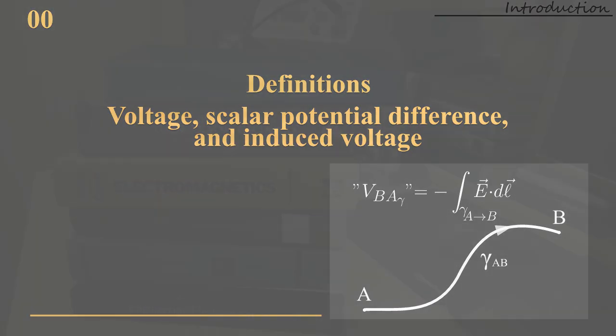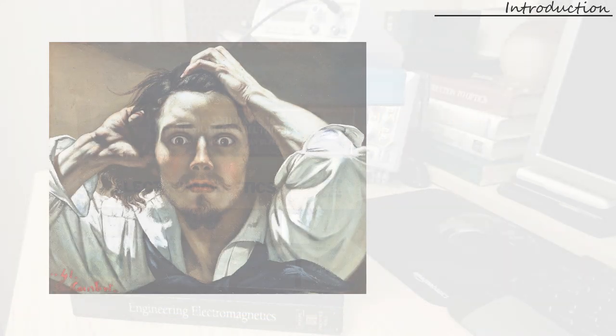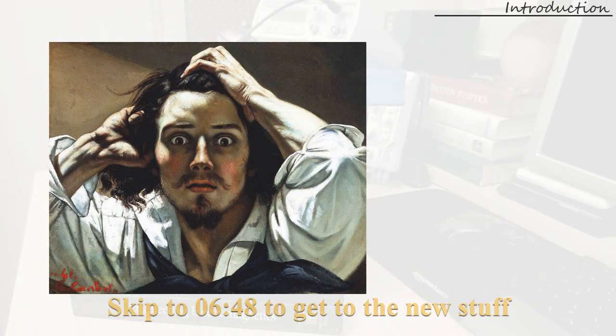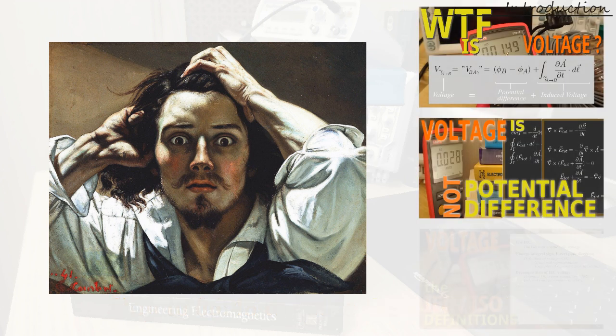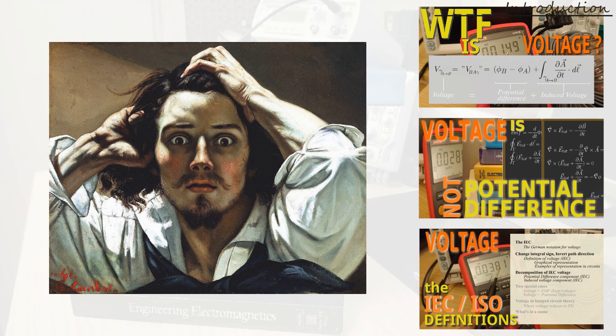But first, sorry about that, I still need to give you a brief reminder of the definitions of voltage, scalar potential difference and induced voltage that you are going to use, just to make sure we are on the same page. And also because I know you are not going to watch my other boring videos on this topic.